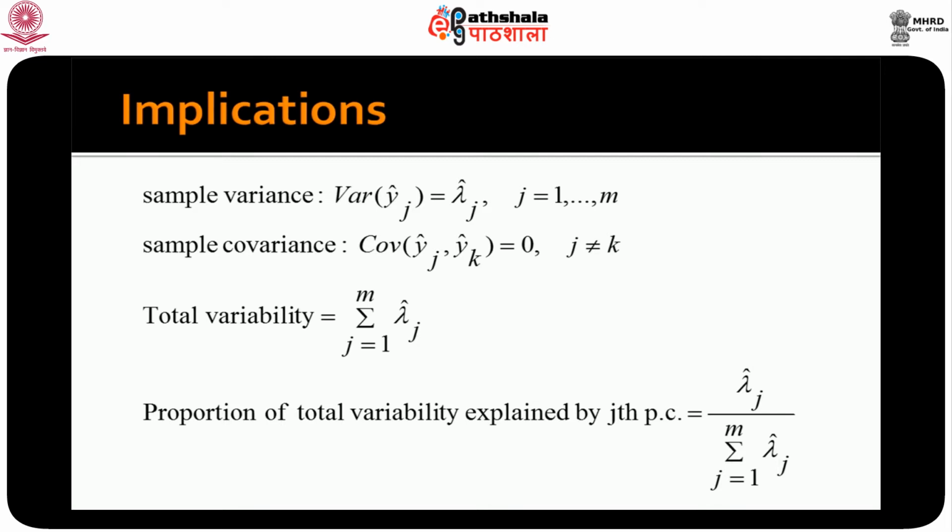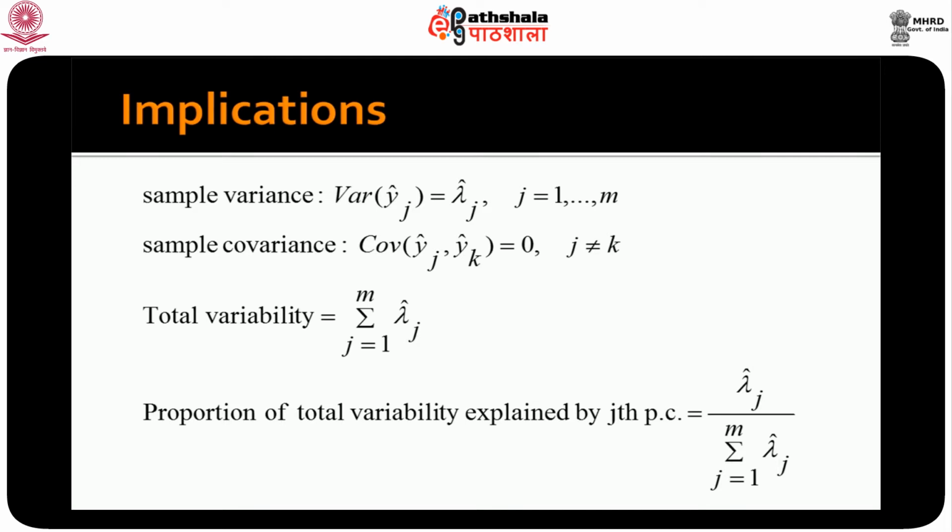And remember, as before, we would be selecting these a's for each of the principal components such that it's orthogonal to the previous ones. So the sample covariances between two principal components, that is yj hat and yk hat, would be equal to 0 for all j not equal to k.